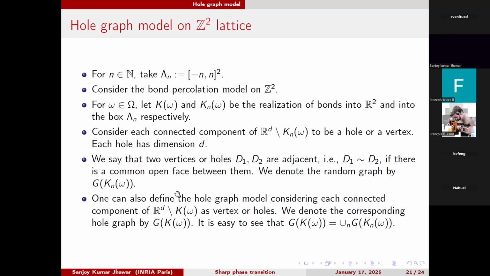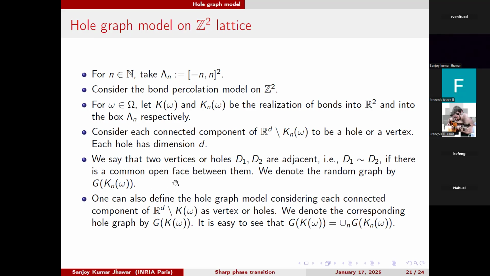I should have said it for dimension d. In dimension d, bonds are just one-dimensional edges, but the faces are the (d minus one)-dimensional cubes.